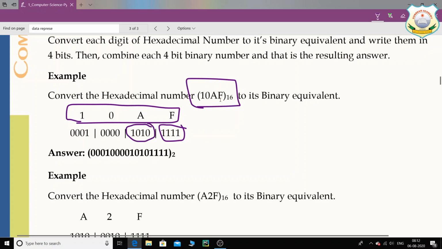So we have taken for F 1111, a 4-bit group, and A is 1010. 0 will be as it is, a 4-bit 0000, and this is 0001. So if we take the answer, we just have to join them into that answer. So this is how we can do it, children. It's pretty simple.